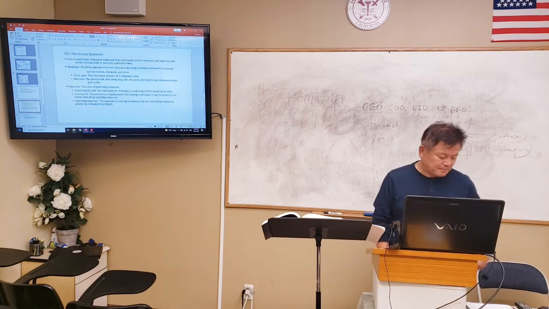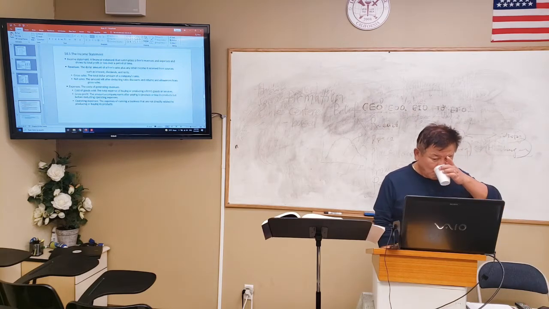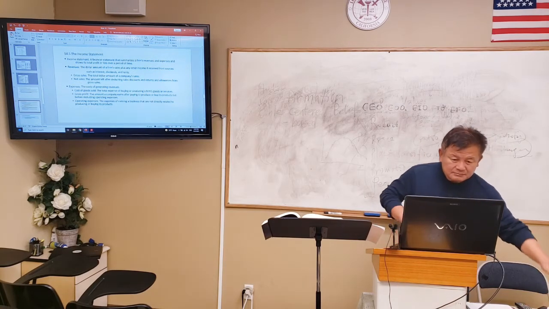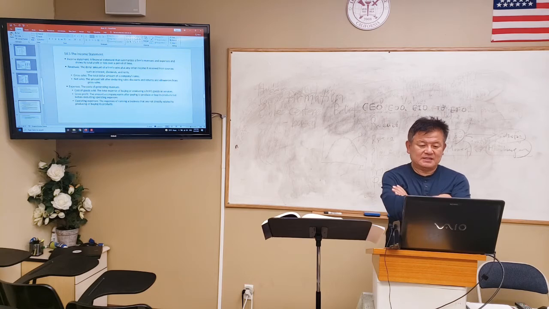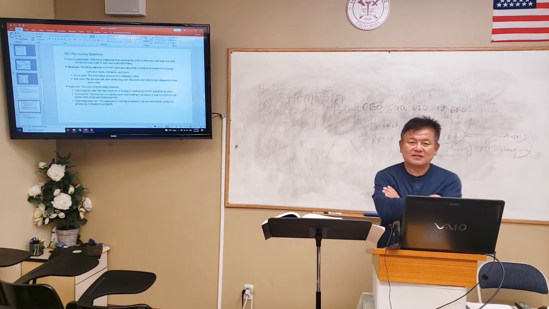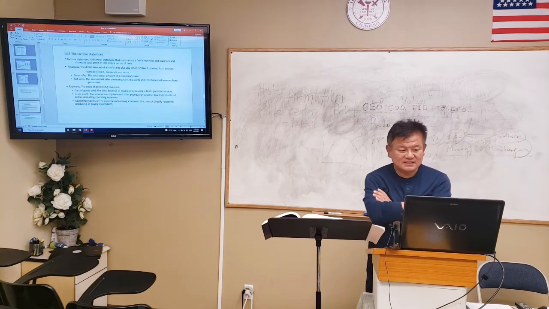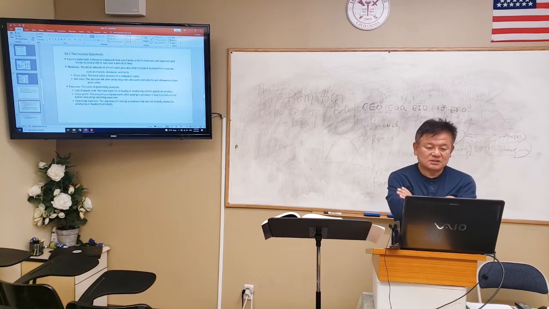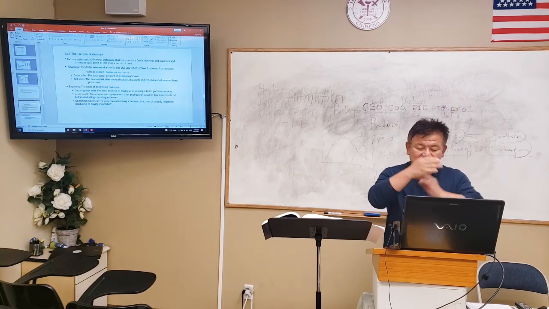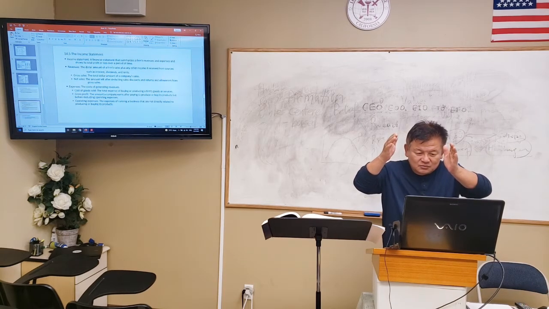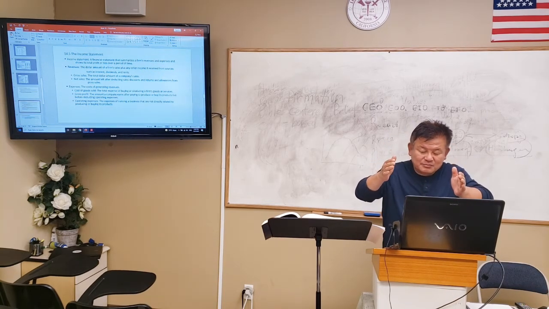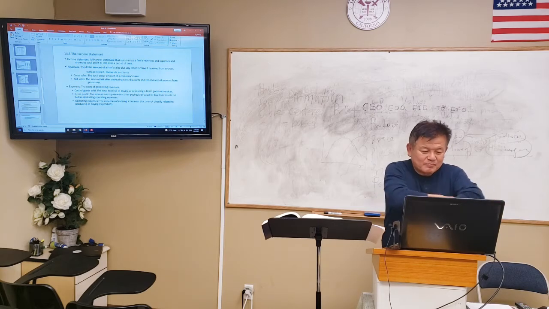Income statement. An income statement is a financial statement that summarizes a firm's revenues and expenses, and also shows the total profit or loss over a period of time, like last year.